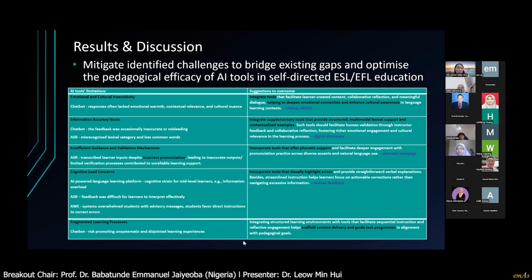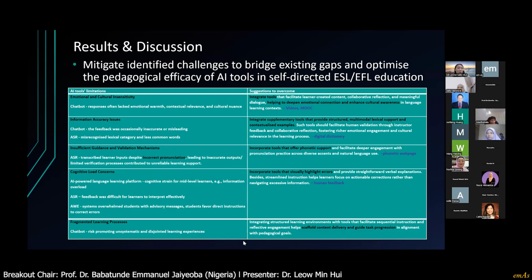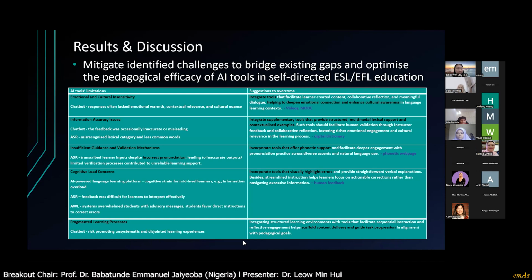Like the cultural part, actually, I'm focusing on English as a second and foreign language in the context of Malaysia. In the context of Malaysia, English is learned as a second language.